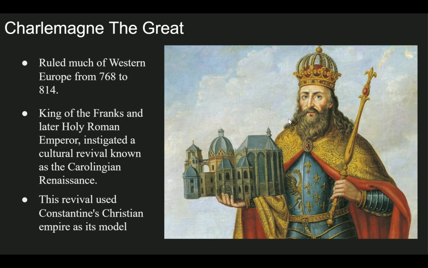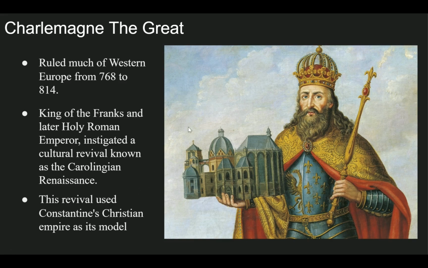We've seen this before. Think back to the seated Gudea of the ancient Near East, where he emphasizes and supports these building projects, and this revival of architecture and the arts and education in general. And so Charlemagne is practicing the same idea.